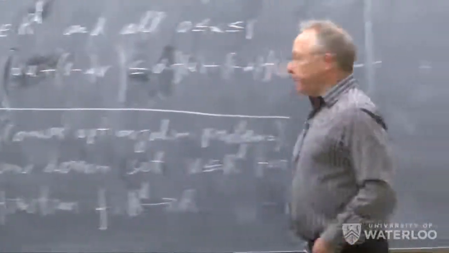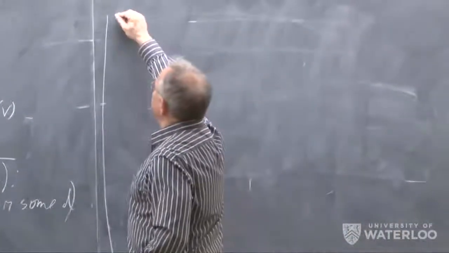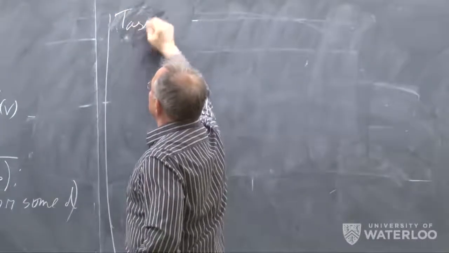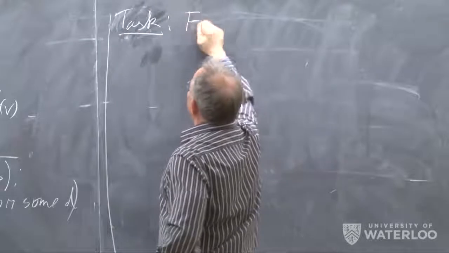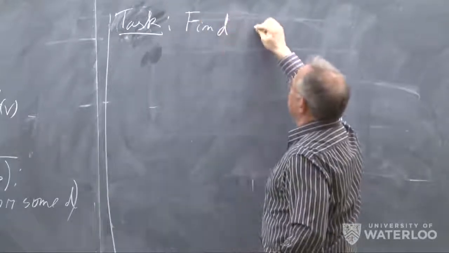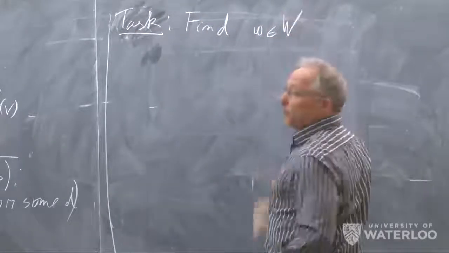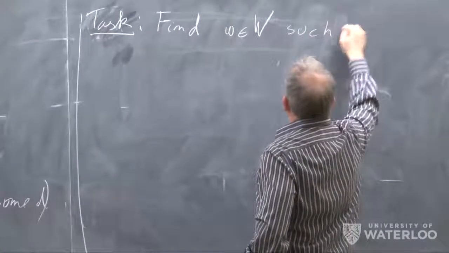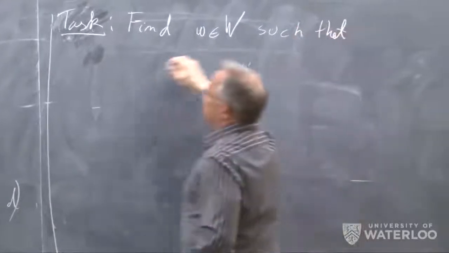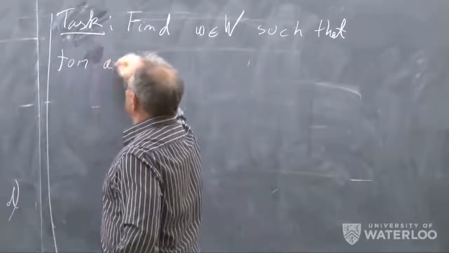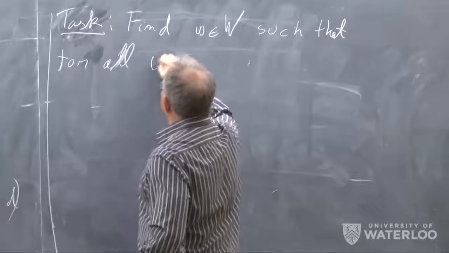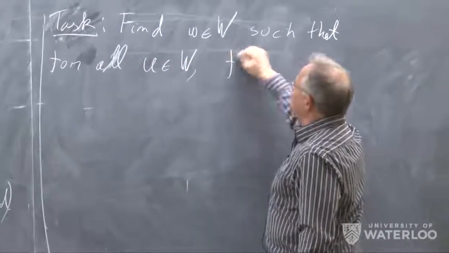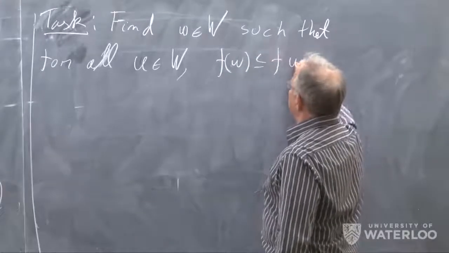Your task is to find some w in W such that for all u in W, f of w is less or equal f of u.